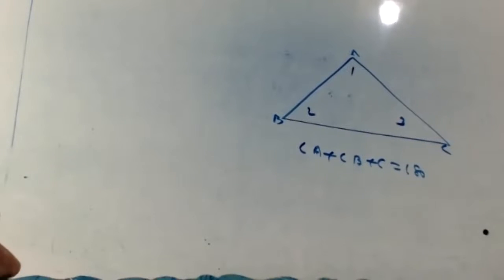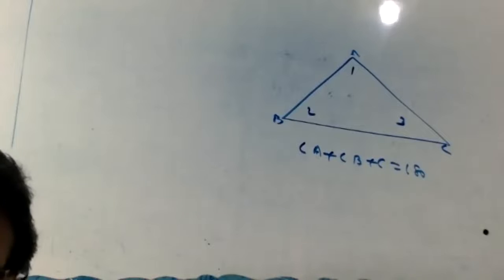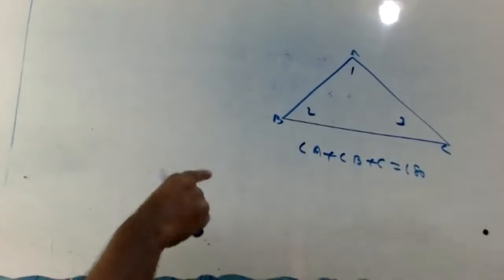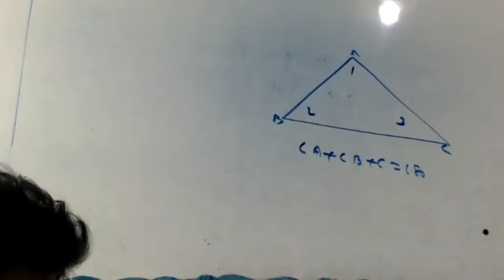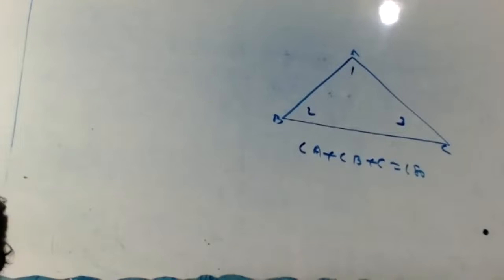Then that is angle 1 plus angle 2 plus angle 3 is 180 degrees. In the figure you mark it 1, 2, 3. Okay. Clear now?